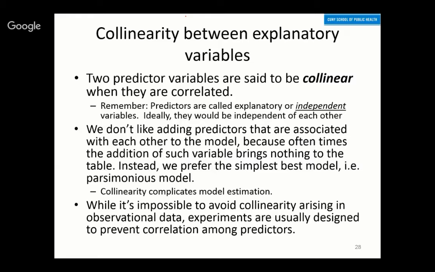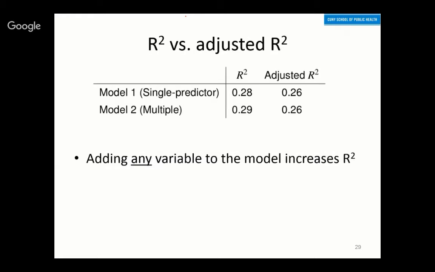So, as I mentioned, you can't necessarily avoid collinearity in observational data sets. One problem that comes into this multiple R squared value is that anytime you add another variable, that sum of squares column is always greater than 0, right?